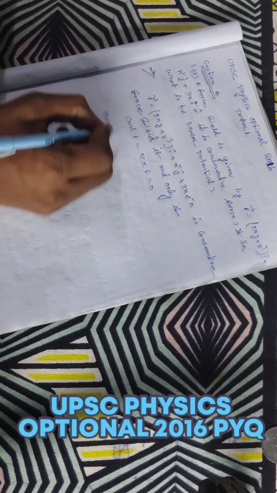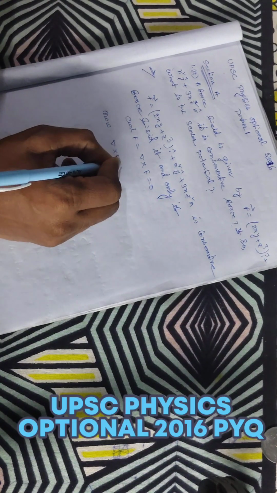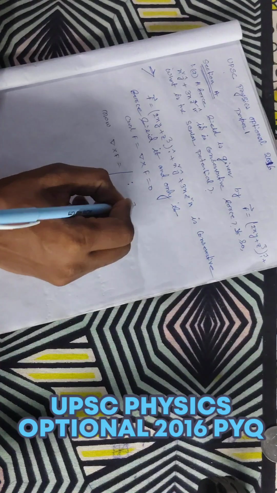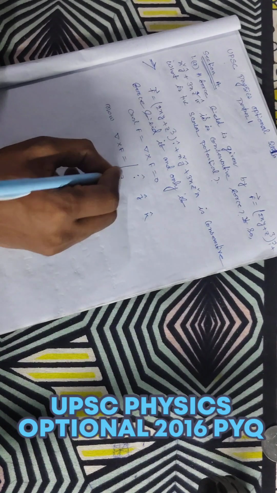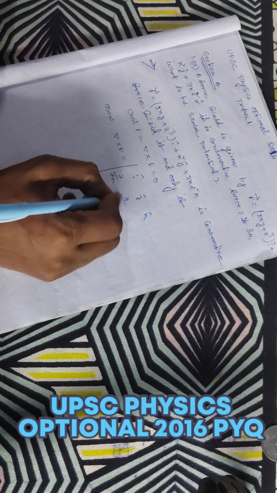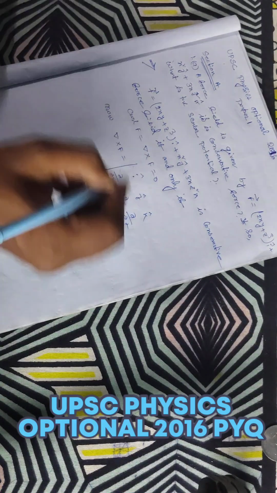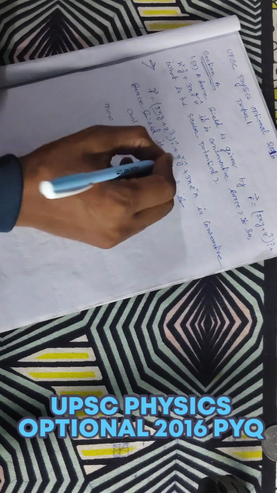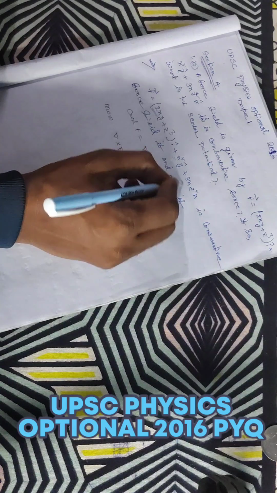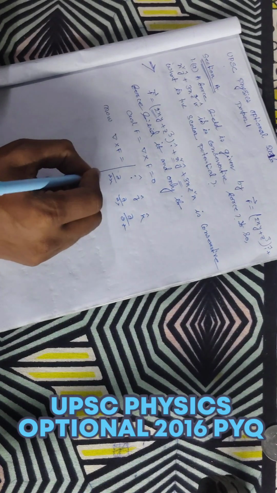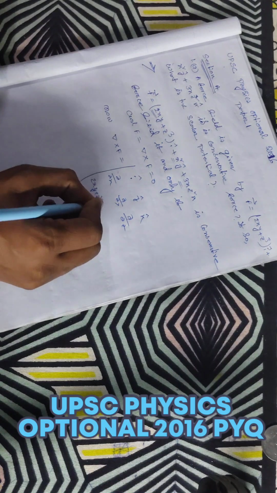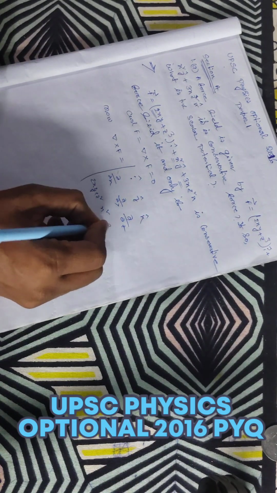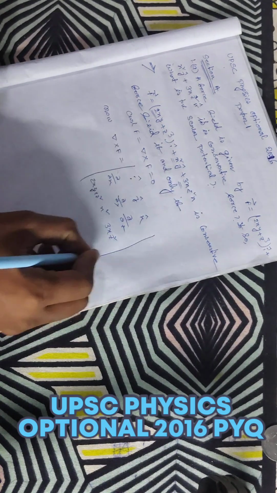So now del cross F is the determinant with i, j, k, then del by del x, del by del y, del by del z, and the components 2xy plus z², x², 3xz².